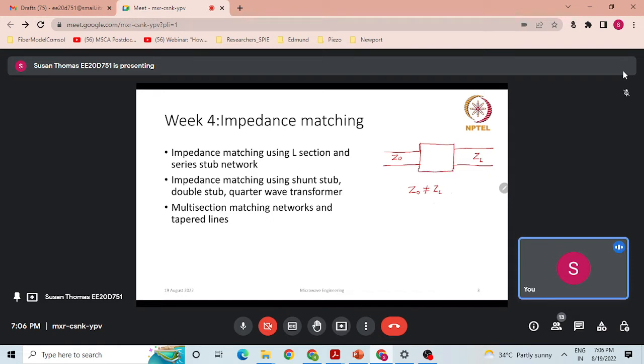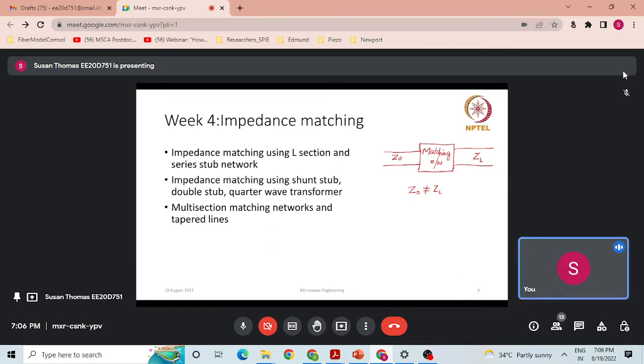There will be reflections. You don't have maximum power transfer. Therefore we require something called a matching network, which is the fundamental concept for this whole week 4 content.